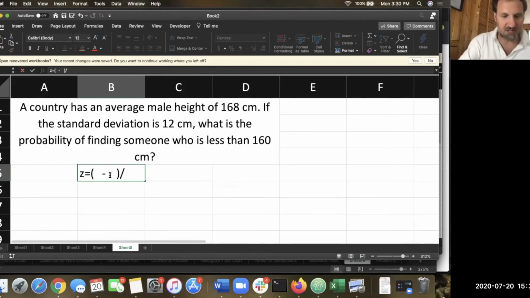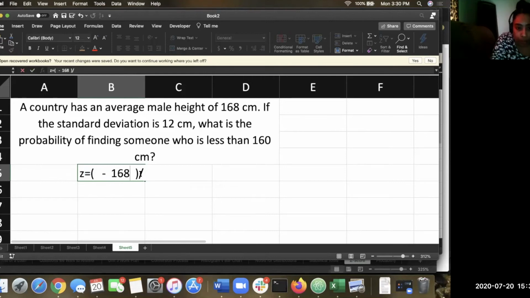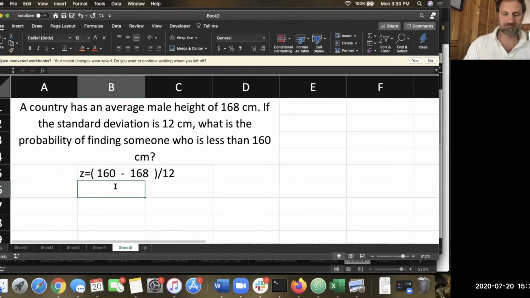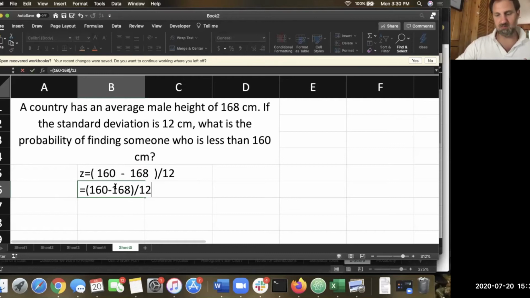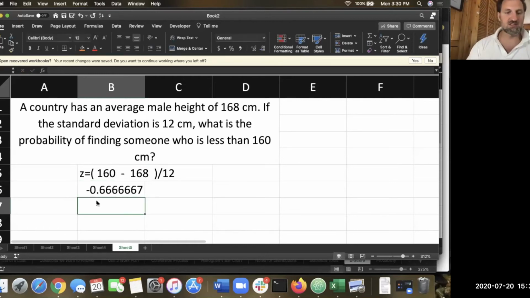Okay, 168 goes here. That's good. The 160 first, 160 minus 168. Good, and divided by 12. That's it. So that ends up being negative, which I noticed first because I'm taking 160 minus 168. Okay, so that's my z-score.